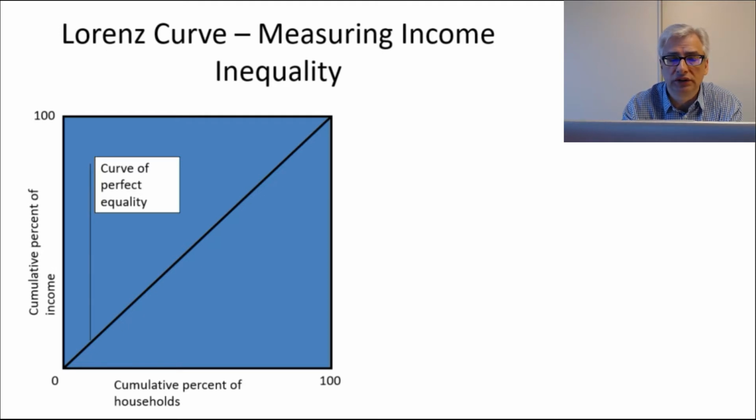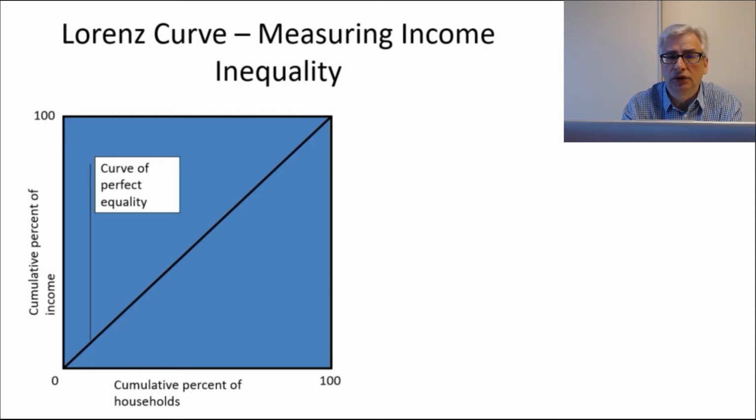Okay, how would this kind of perfect inequality manifest? If you take 5% of households that don't get any income, they represent a 0 share of the income. If you take 10% of households that get no income, they together represent 0% of income.